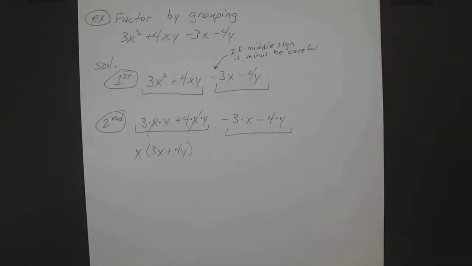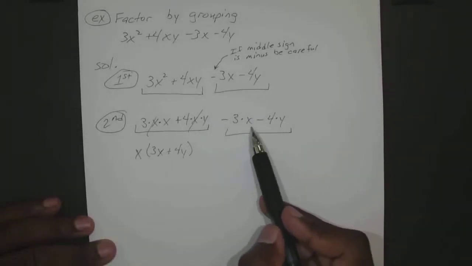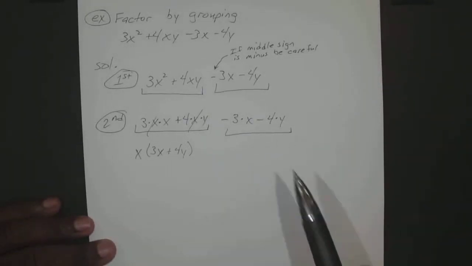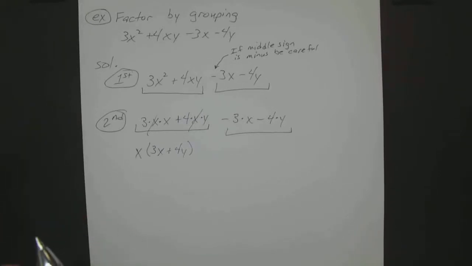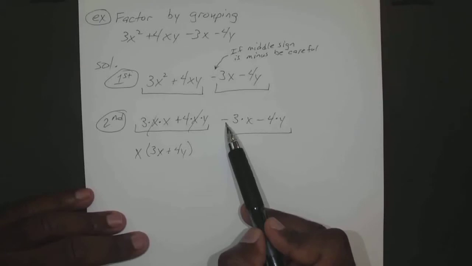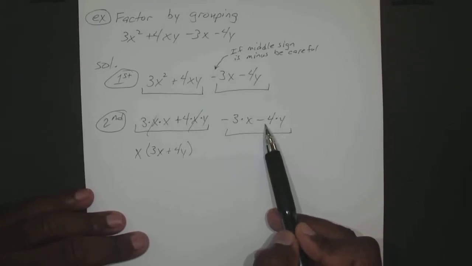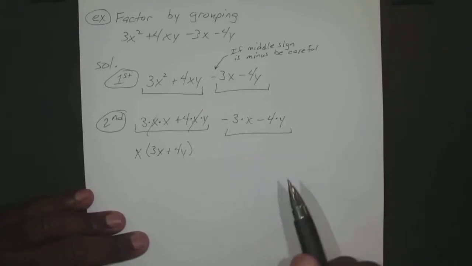Okay. Now if you notice, these two terms, they don't have anything in common. Now normally, when you don't have anything in common, your greatest common factor is a 1. But in this case, you have a negative here and a negative here. So you can actually factor out a negative 1.